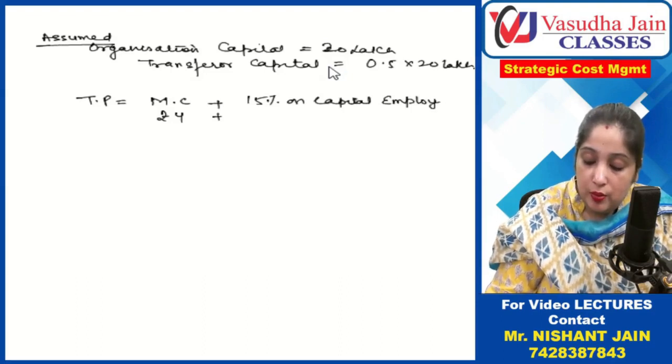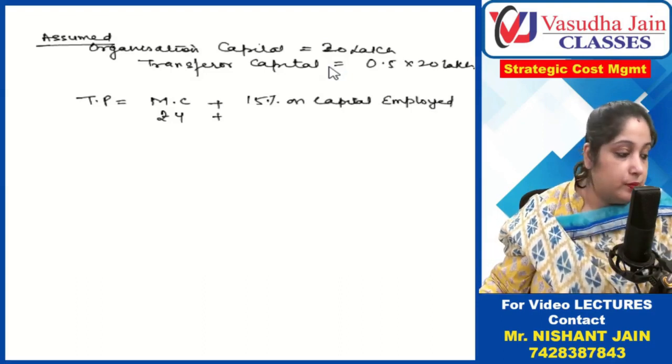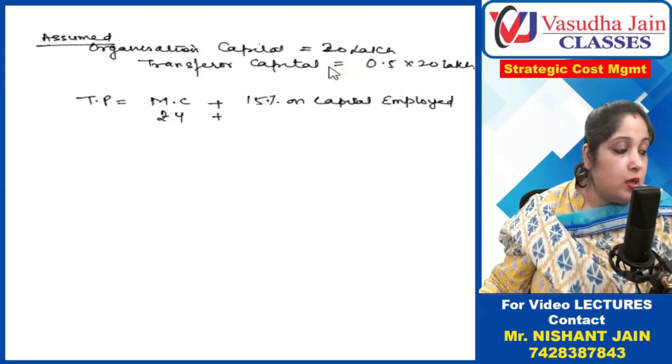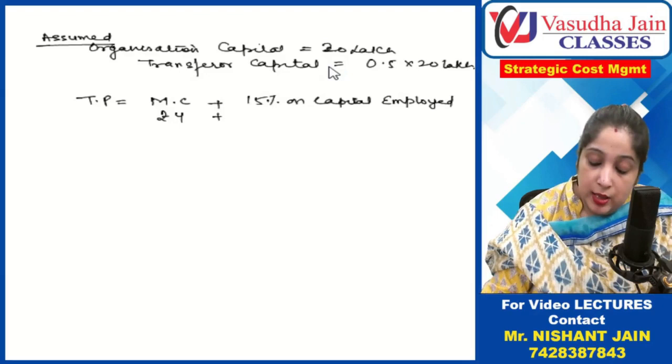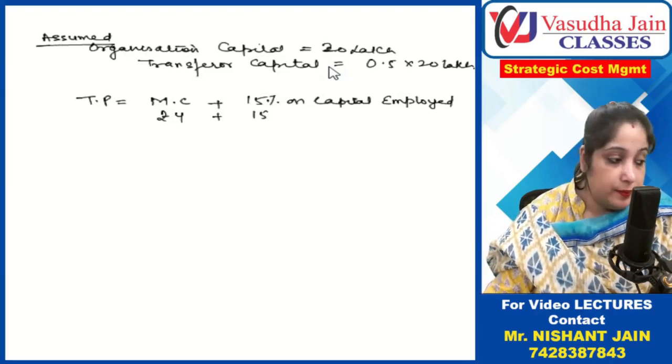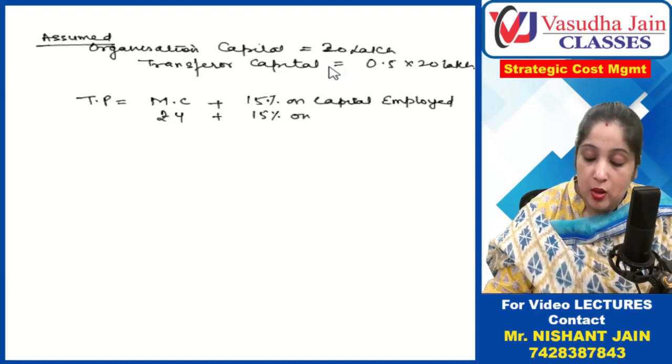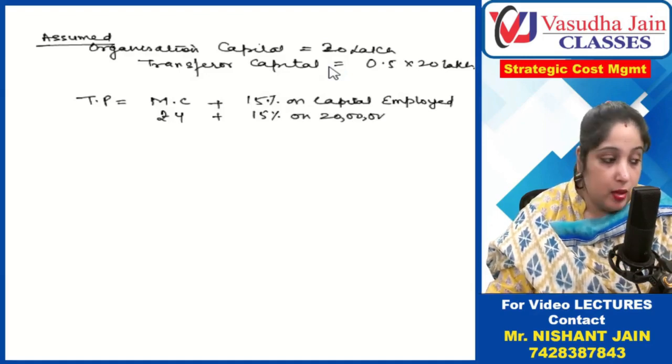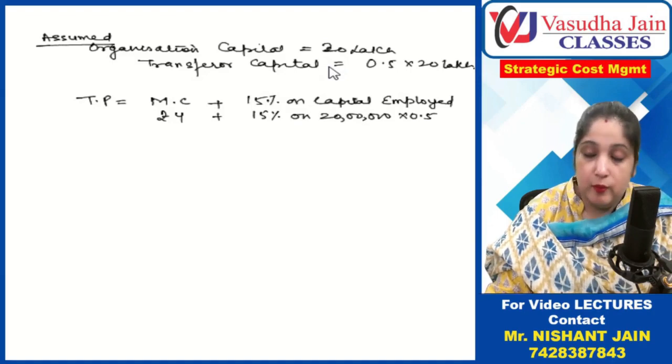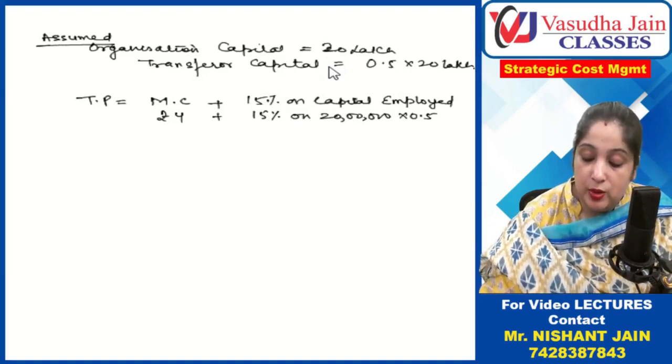So how much will you charge here? 15% on capital employed, 15% on 20 lakh into 0.5, because the capital employed is 50% only, divided by how many units.